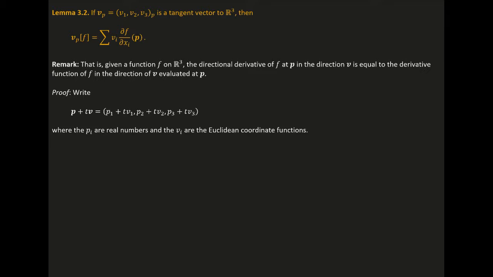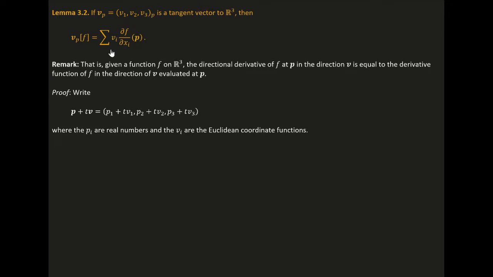This lemma states, if we write a tangent vector v1, v2, v3 applied to the point P, and we say this is a tangent vector to R3, of course, then we have the following formula for the directional derivative of f in the direction of v applied to the point P.